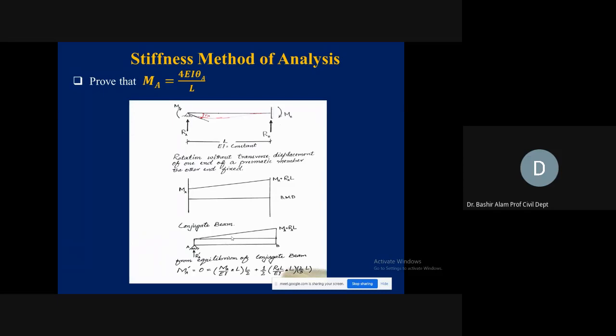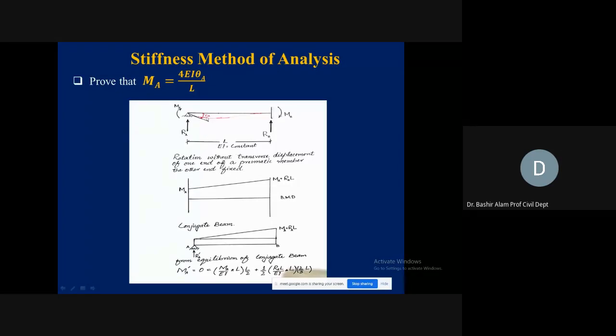Only we are allowing rotation at A. So theta A, you can see here in red. We are allowing this rotation because of this MA, and we want to find a relation between this MA and theta A. Once this is found, we can find the rest of the values by using the equilibrium approach.